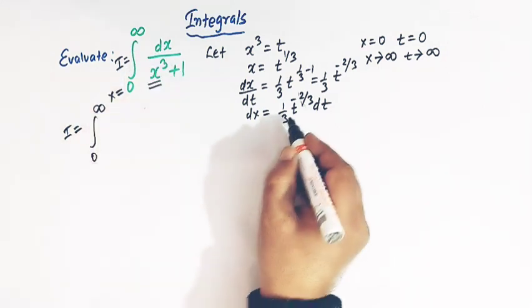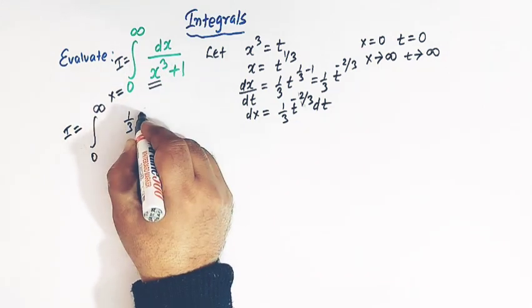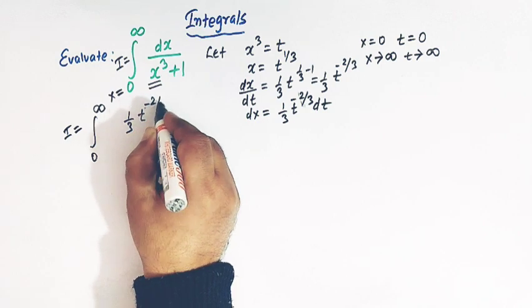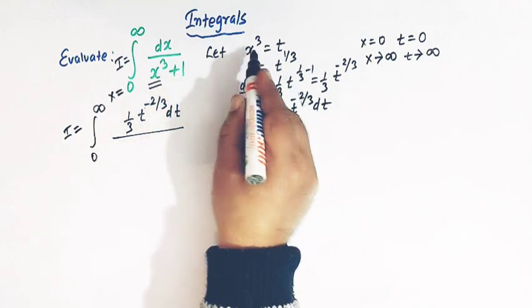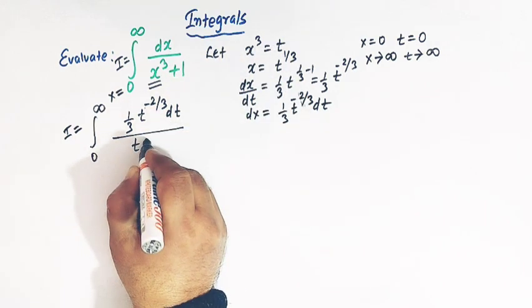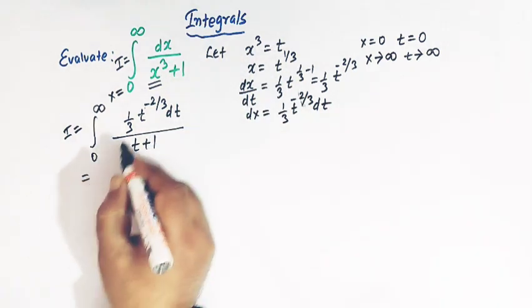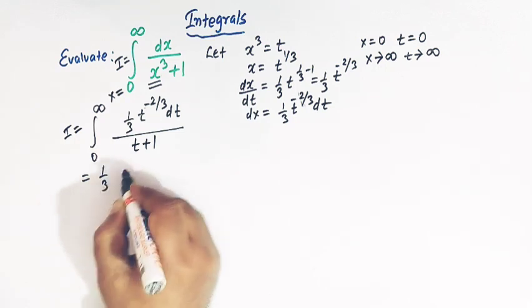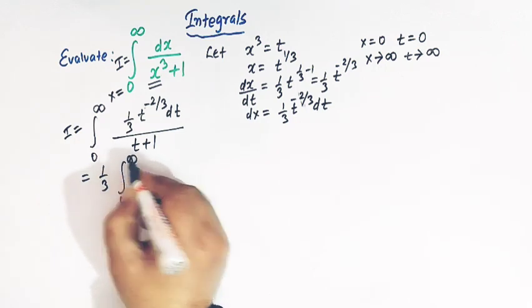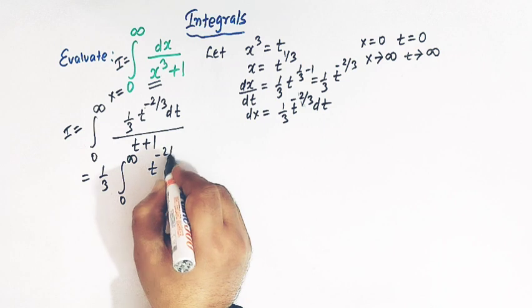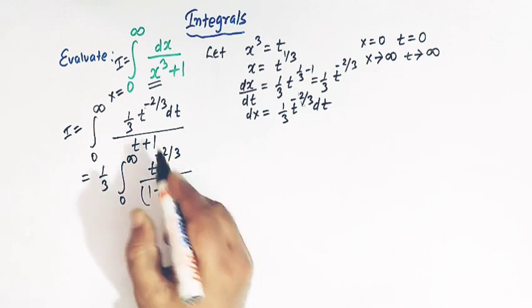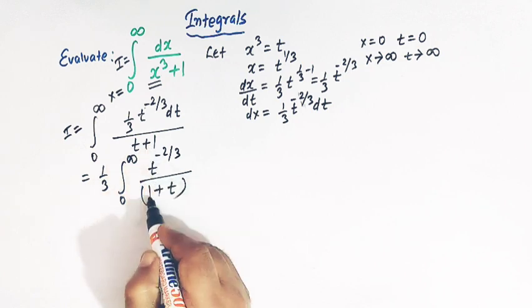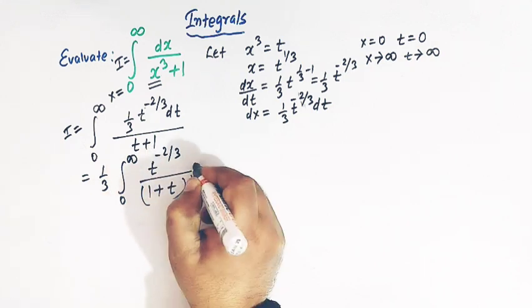For dx, we can write 1 by 3 t raised to minus 2 by 3 dt divided by x cube plus 1. X cube is t, so we have t plus 1, right? So let us rearrange the terms. So we have 1 over 3, 0 to infinity, t raised to minus 2 by 3, and here we can write 1 plus t, writing t plus 1 as 1 plus t, raised to 1, right?